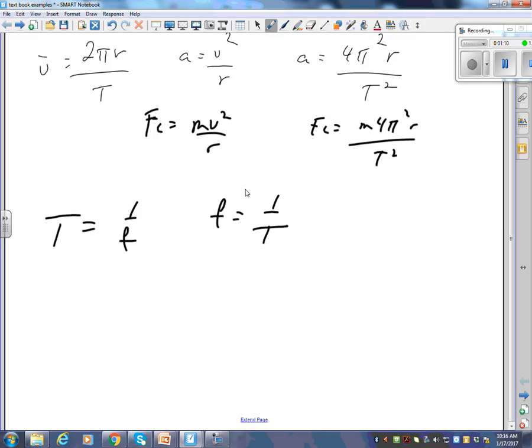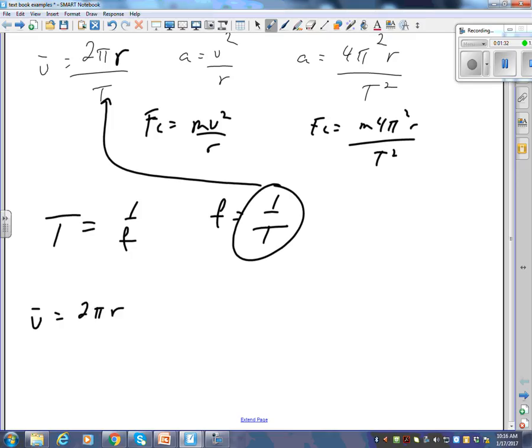Now, you might see that 2 pi r over t, that's an r. Can we do something with this over t here? If I take this and go in there, I'm going to end up with 2 pi r instead of being over t.